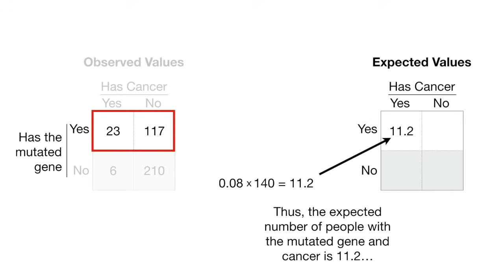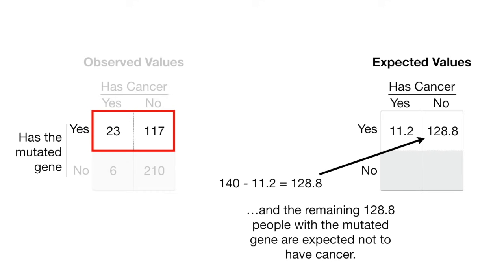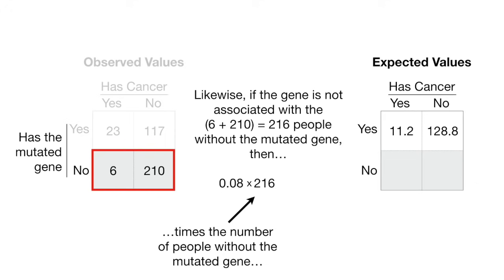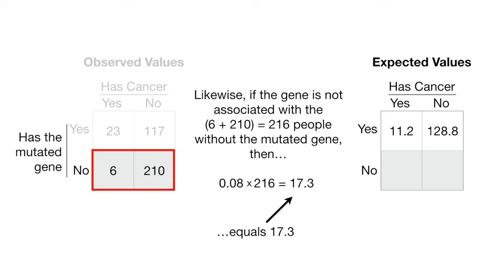Thus, the expected number of people with the mutated gene and cancer is 11.2. And the remaining 128.8 people with the mutated gene are expected not to have cancer. Likewise, if the gene is not associated with cancer, then for the 6 plus 210 equals 216 people without the mutated gene, the probability of having cancer times the number of people without the mutated gene equals 17.3.